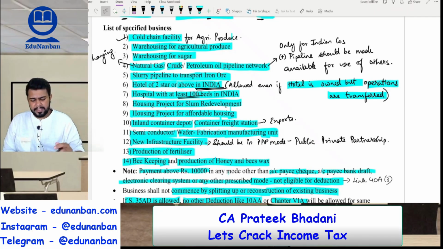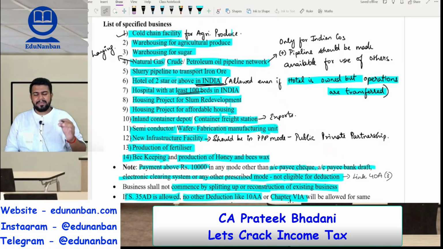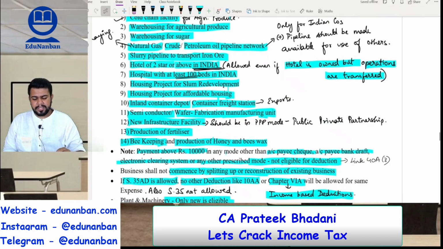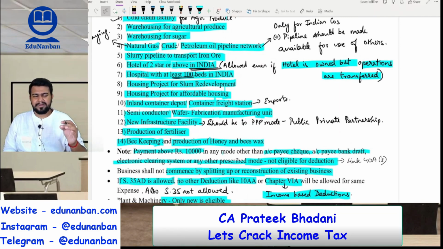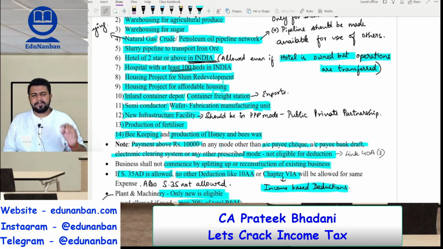Next, number 5, slurry pipeline to transport iron ore. Number 6, a hotel of 2-star or above category, meaning 2-star, 3-star, 4-star, 5-star hotel, which is in India. Next, number 7, hospital with at least 100 beds in India.